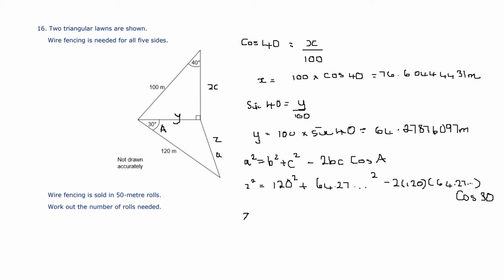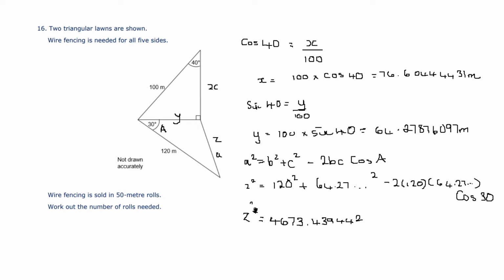And if we pop that through our calculator, we're going to get Z squared as being equal to 4,673.439442.